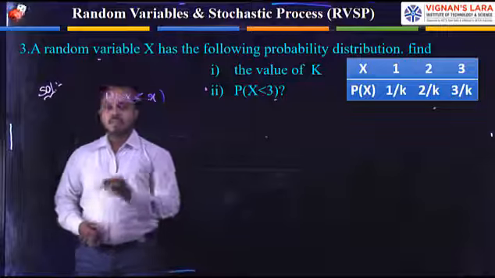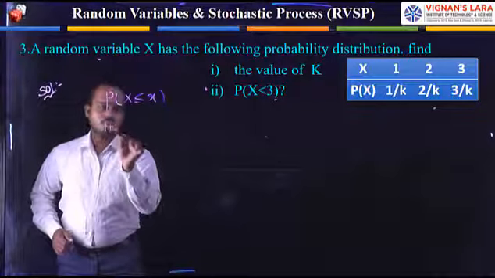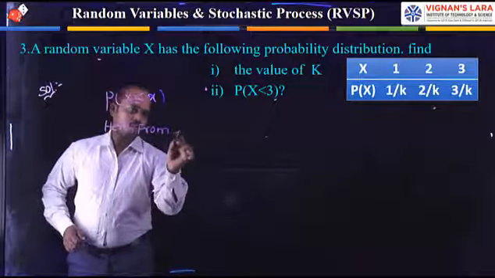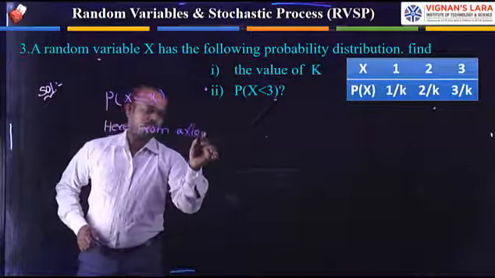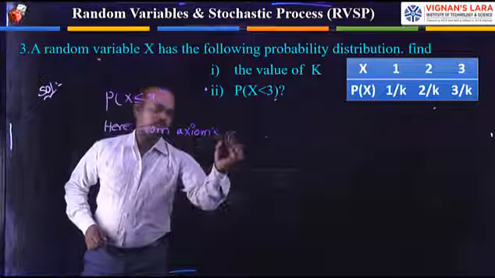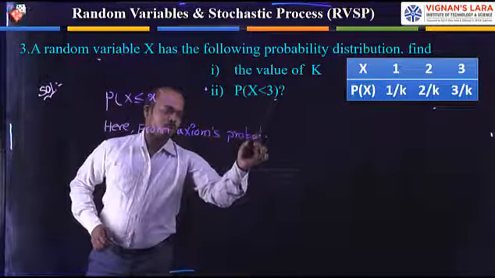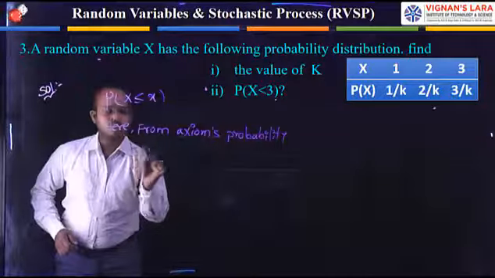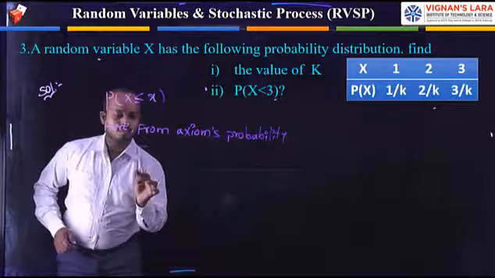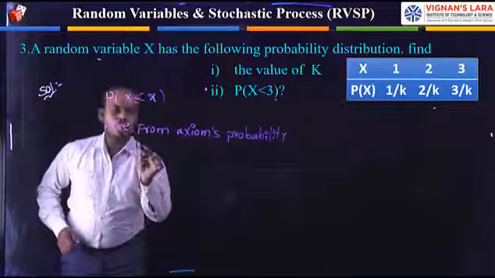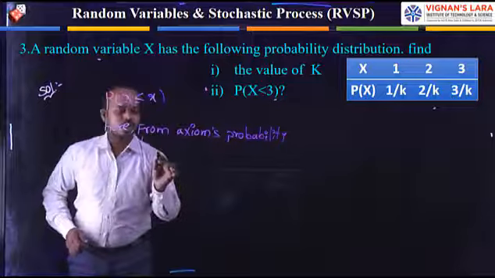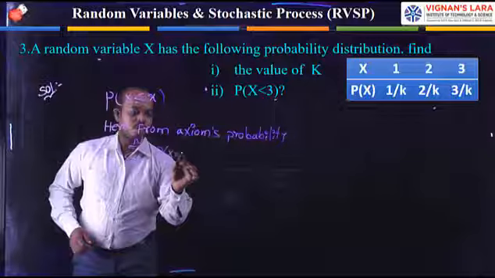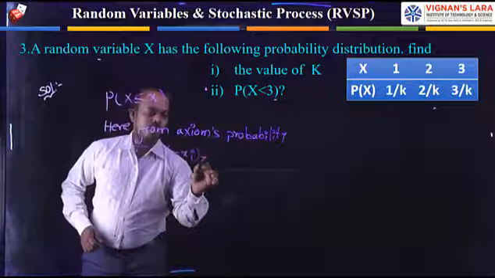Here I am taking it from the axioms of probability. The axiom of probability is: summation i equal to 1 to n of the probability of x equal to xi, the total value must be equal to 1.